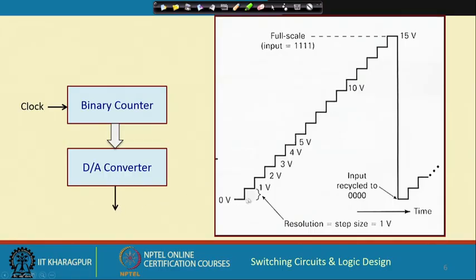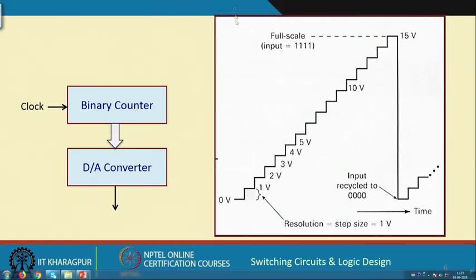The output voltage will be increasing in steps. Suppose it is a 4-bit counter. It will be counting from 0000 up to 1111, and then again back to 0. So, this staircase will start from 0 here and go up to maximum 1111.